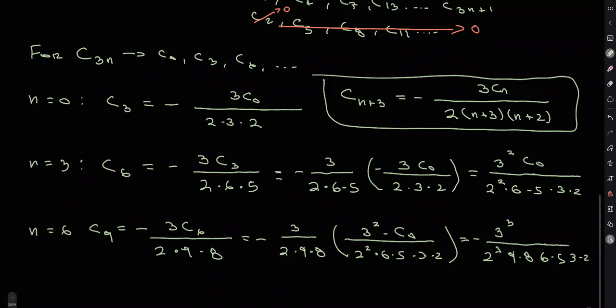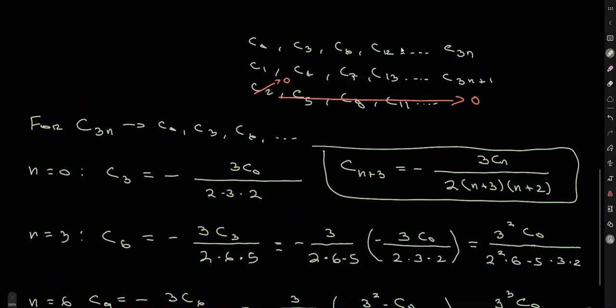All right, and that times c sub 0. So we are essentially done with the coefficients with subscript 3 times n. That is c sub 0, c sub 3, c sub 6, c sub 9. All right, so that is the first chain.